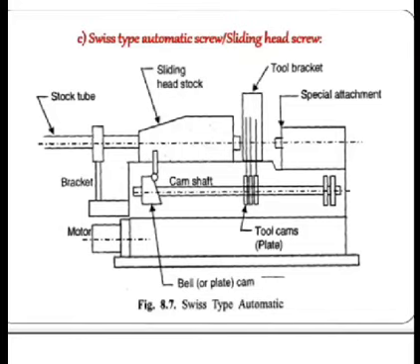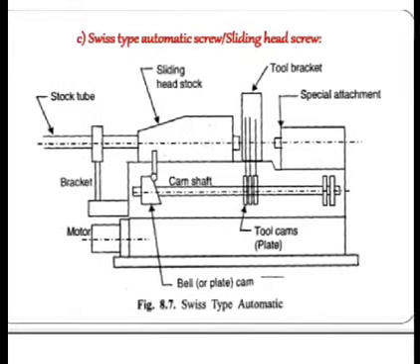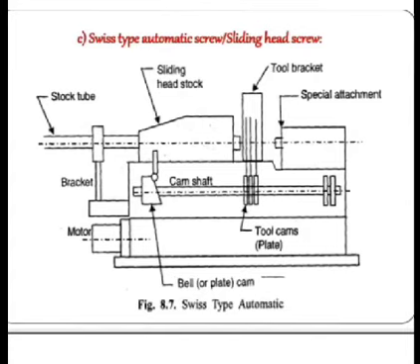These machines are used for machining long, accurate parts of smaller diameter, between 4 mm and 25 mm. It consists of a sliding headstock with collet chuck, tool bracket, guide bush, bell cam, tool cams, camshaft, and special attachment as shown in the figure.